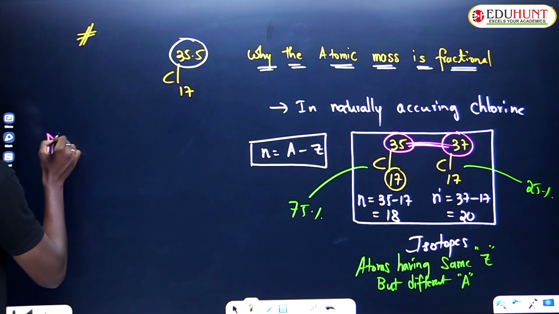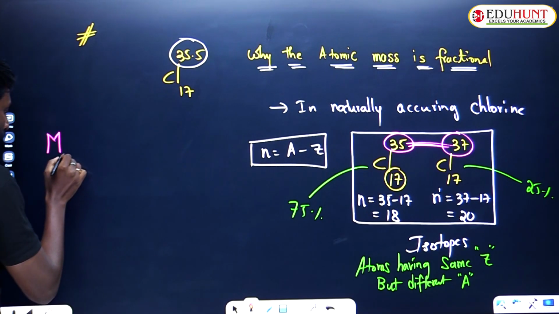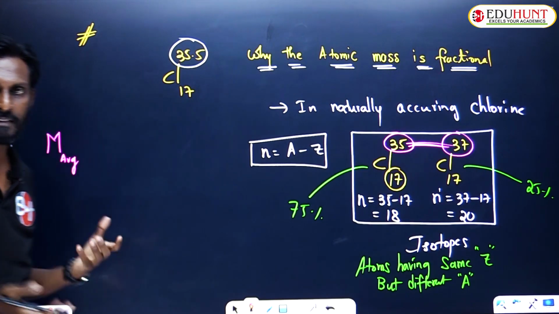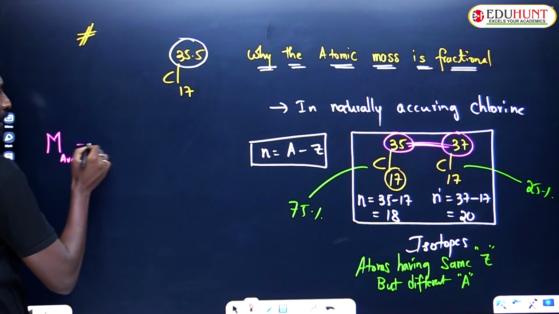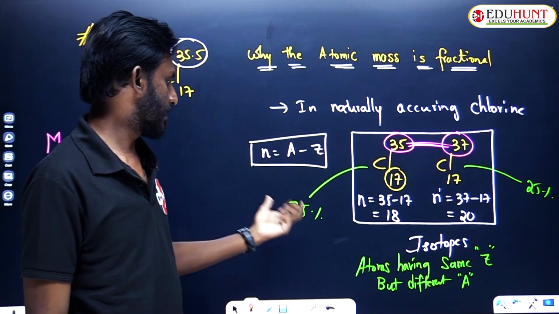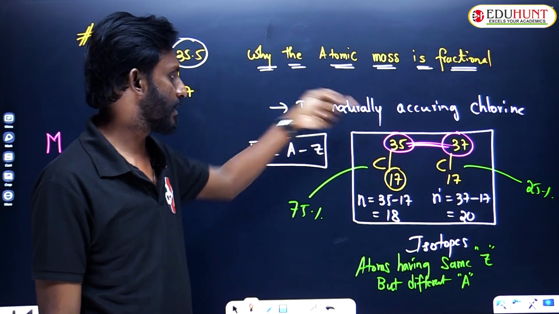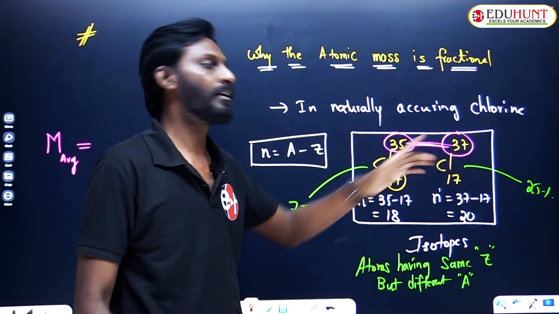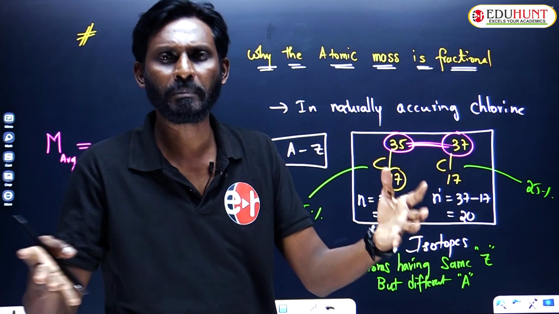Let us say M average, which means average atomic mass. How to calculate? Just simple percentage. The percentage 75 into mass 35 plus 25 into mass 37, divided by 100.